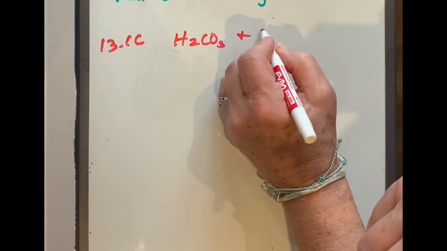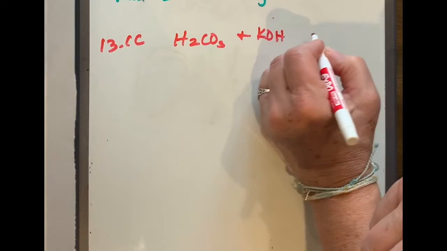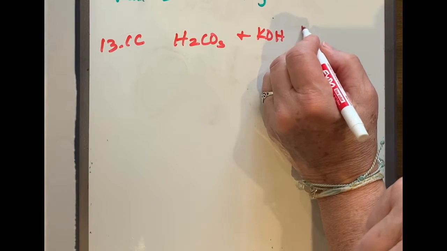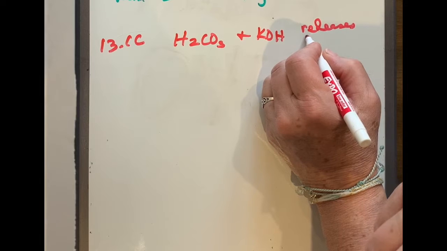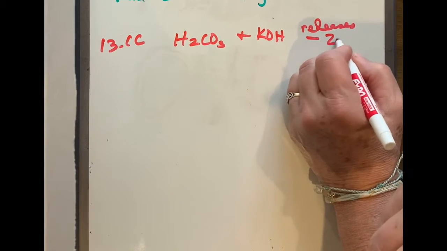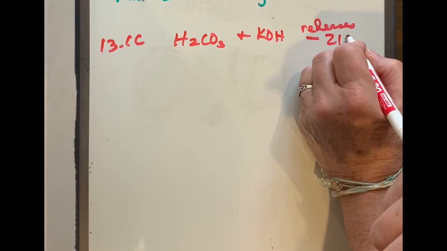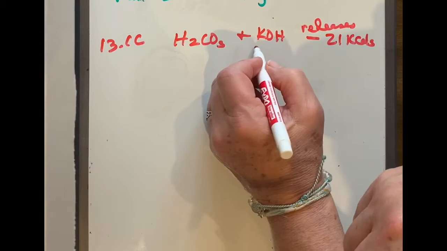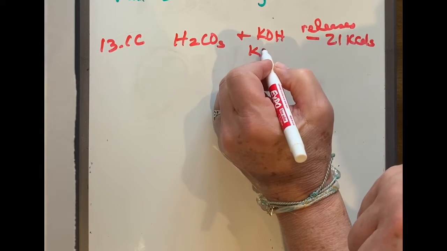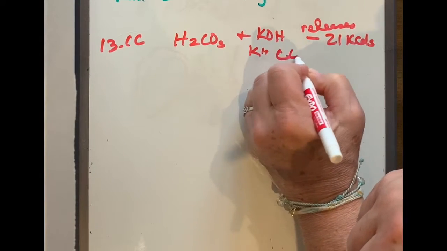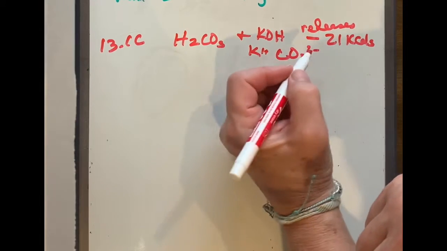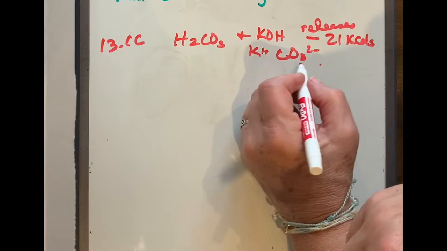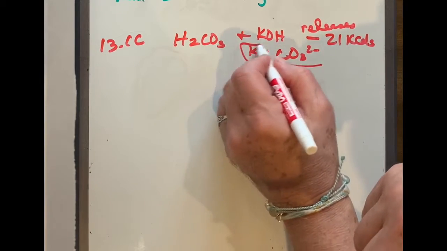13.3. So the reaction between H2CO3 and KOH, which releases, so since it releases, it's a minus, right? So 21 kilocals. In this particular case, K is 1+, CO3 is a 2-, so that's going to be important to be able to solve for this.